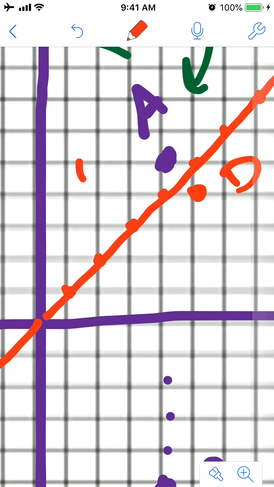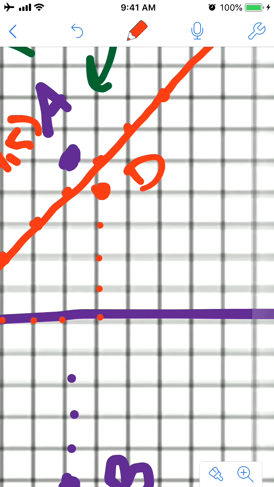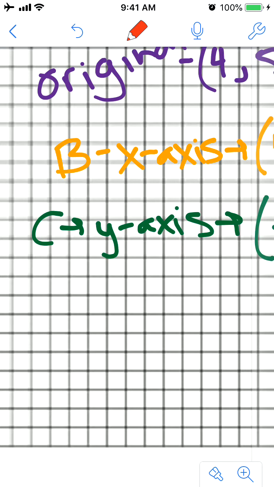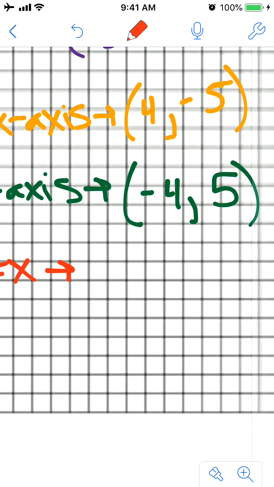So we originally had what? 5, 4. Now we are going out 1, 2, 3, 4, 5, and up 1, 2, 3, 4. Check that out. This is now 5, 4. So our D value, flipped over the line y equals x, changed to 5, 4. So it didn't become negative.